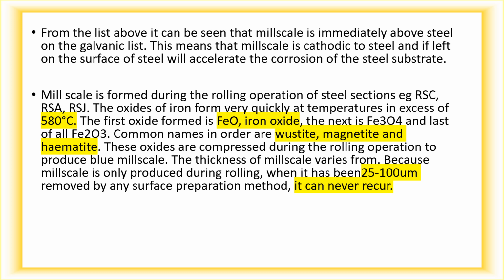So during the formation of steel, if the temperature goes beyond 580 degrees, mill scale will be formed in three forms: FeO, Fe3O4 and lastly Fe2O3, commonly known as wustite, magnetite and hematite.